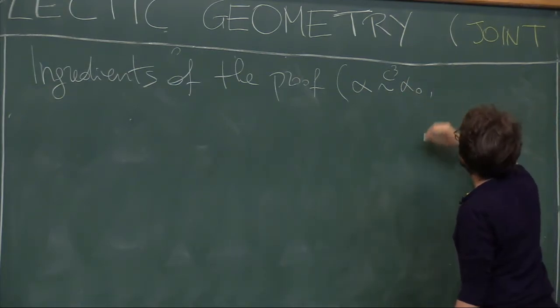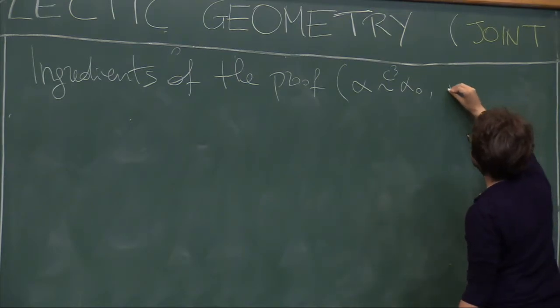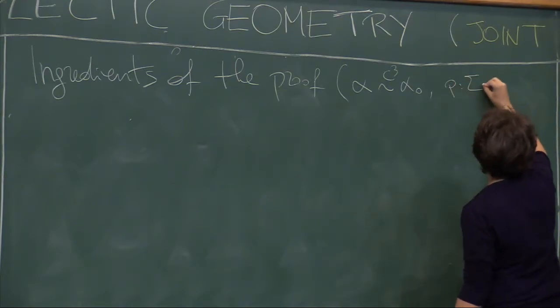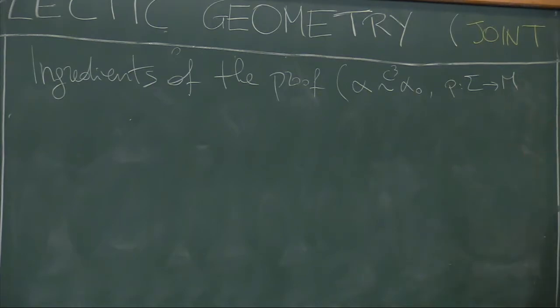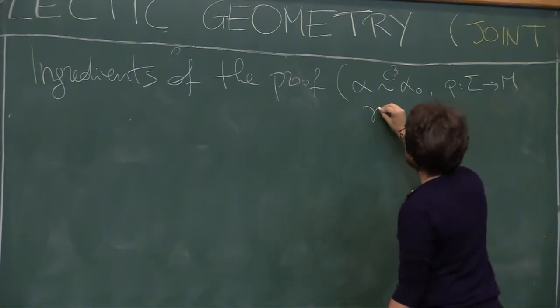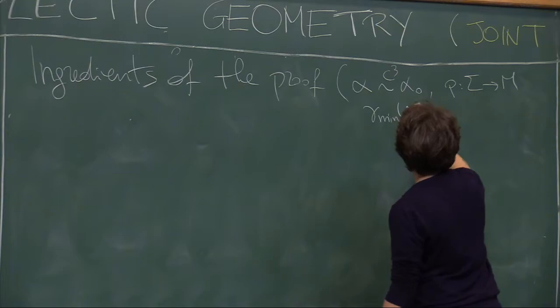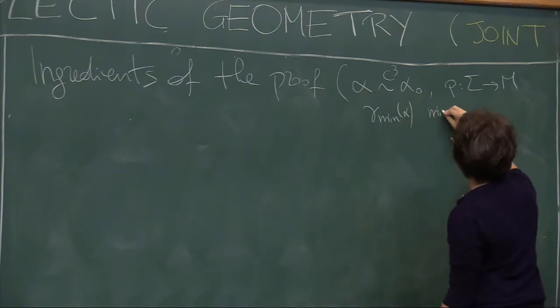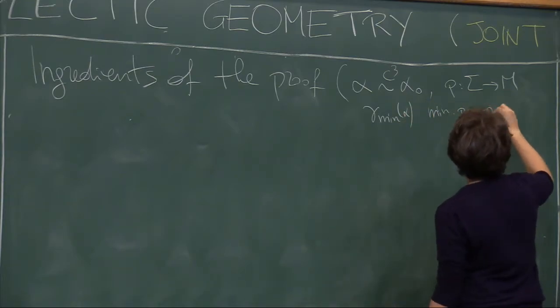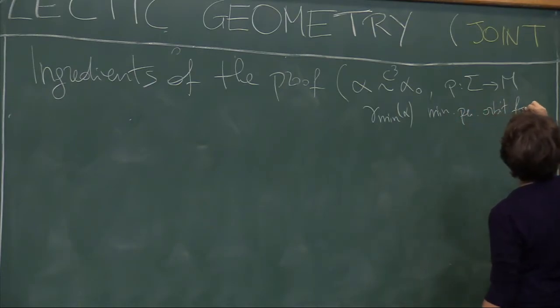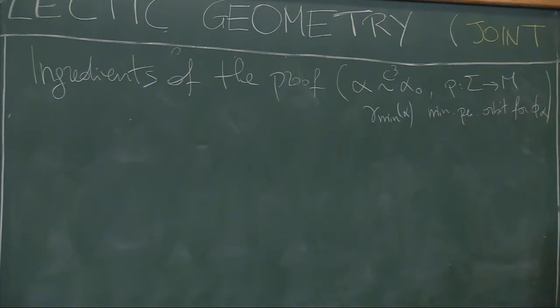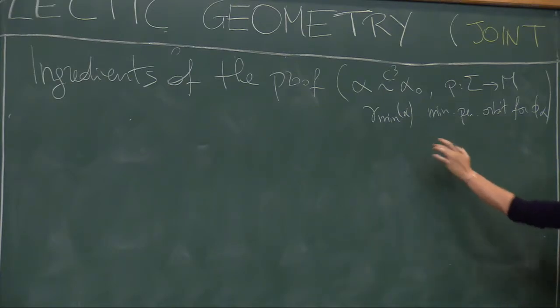And for alpha naught, I have this bundle. And now I'm considering gamma min of alpha, the minimal periodic orbit for phi alpha. I want to estimate the period of this periodic orbit.